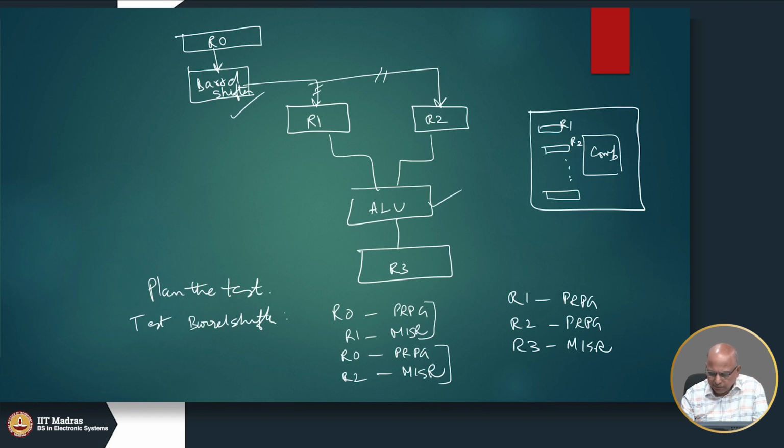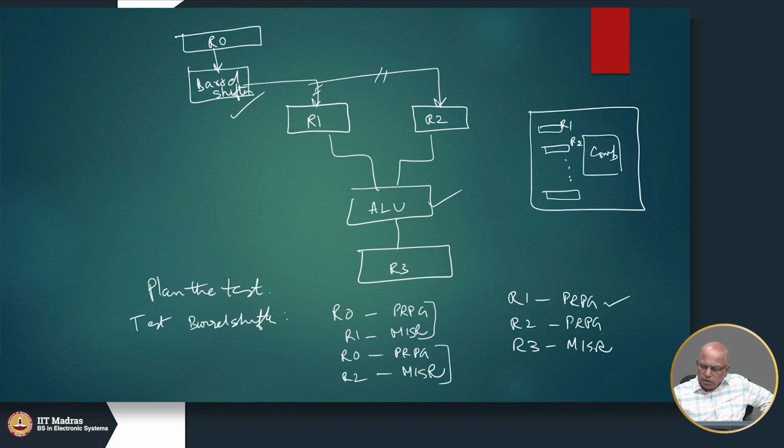So by suitable planning, you should be able to test all the combinational logic inside the circuit. See, there is no tester now. There is no external tester. We are depending only on the internal circuitry. The PRPG is internal. I mean, they are existing. The circuit already had R1, R2, R3, etc. So we are simply reusing them in the test mode.